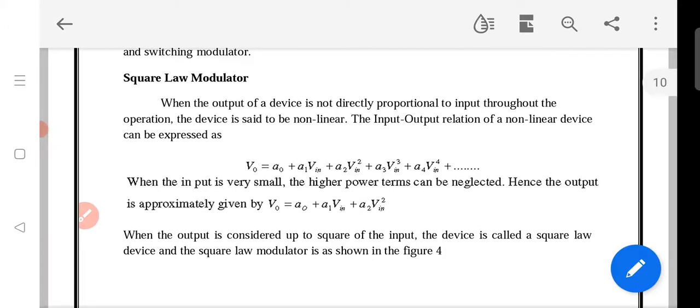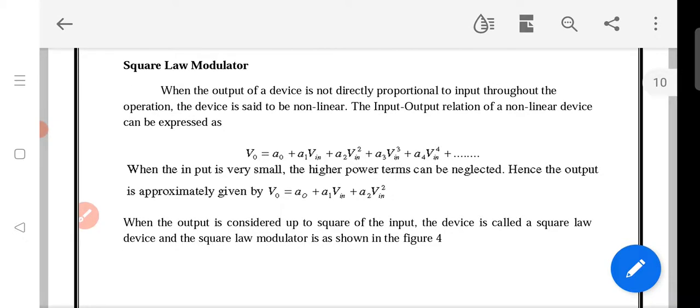Now what is square law? It is about how the square law is obtained from a device, which means a component. Here we use a non-linear device.